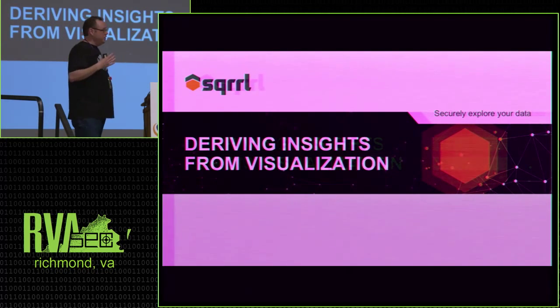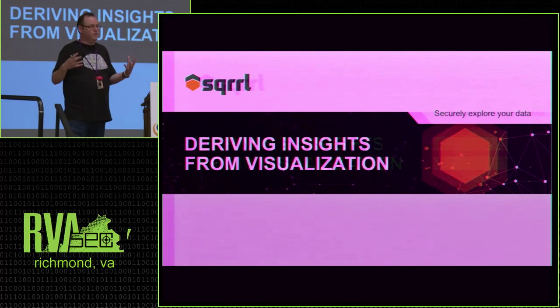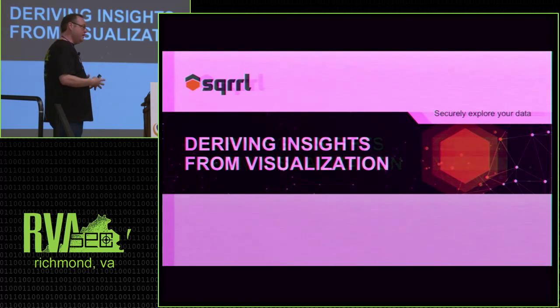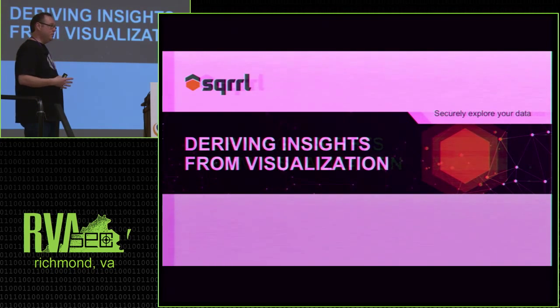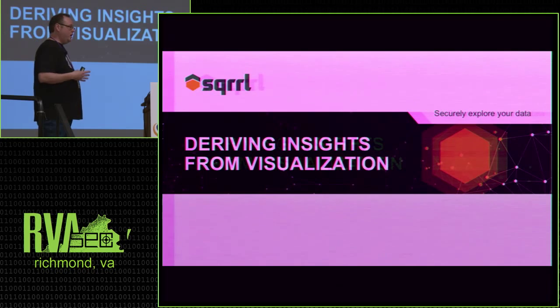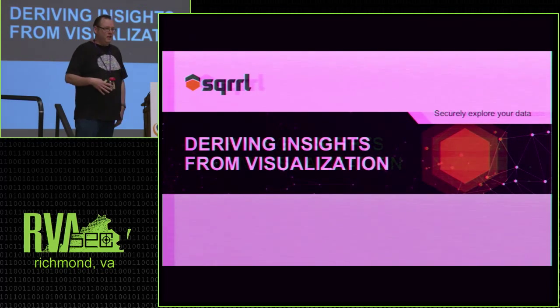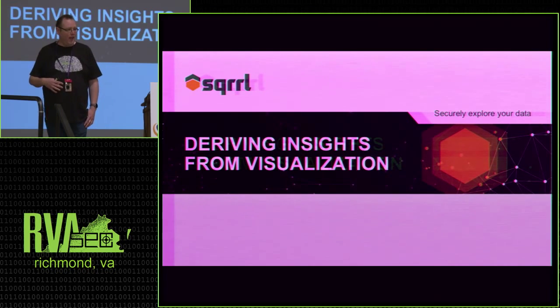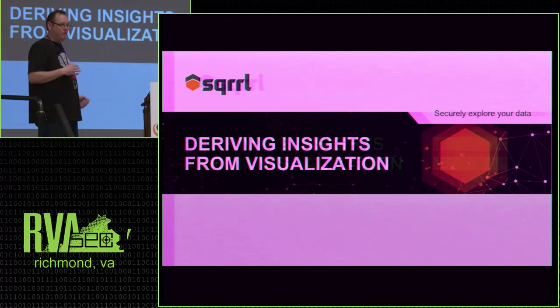So let's talk a little bit now about how we can use this idea of linked data and linked data analysis to derive some insights for visualization. I do a lot of thinking about how to proactively find threats in your environment that haven't been caught by your automated intrusion detection or SIM systems.